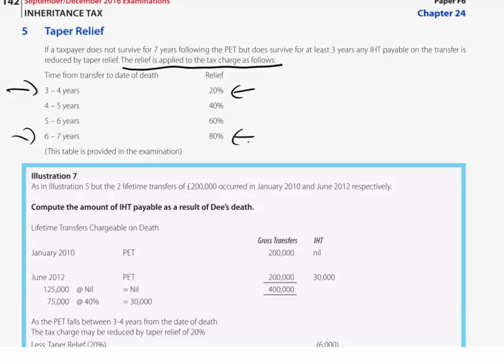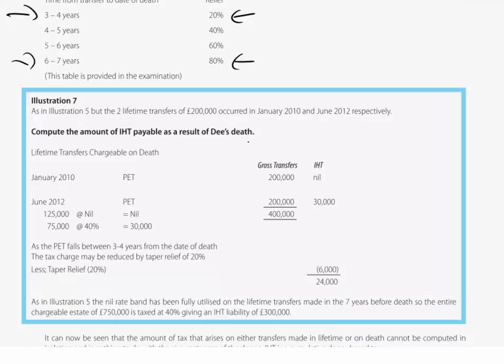Let's see how this works, therefore, by looking at illustration 7. Now we go back to our favourite heroine here, D. D parted, as you will recall, and back in illustration 5, we had 2 lifetime transfers, both of £200,000 worth of chargeable transfer. But we made those so close to the date of death that there was no taper relief available.